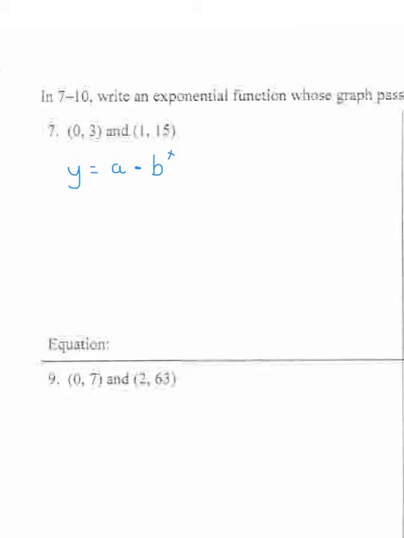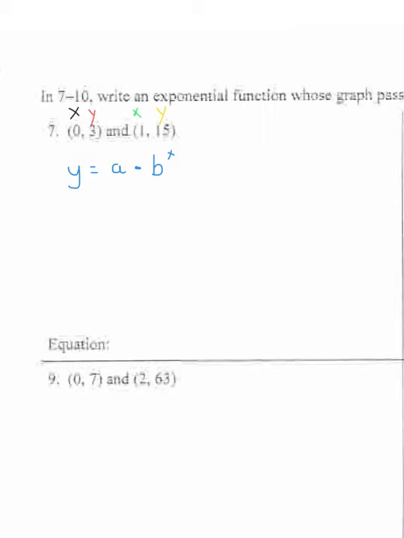And let's go ahead and label each x and y. So we have an x for 0, y for 3, x for 1, and y is 15. So we have 2 x's and we have 2 y's. Remember, the y's are always the second number, and the x's are always the first number in the ordered pair.